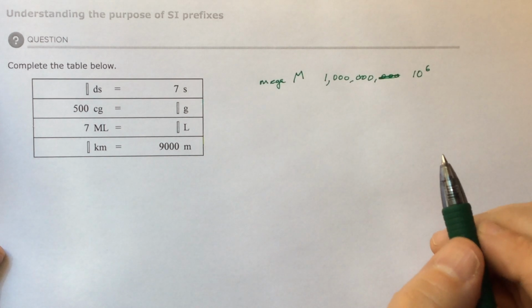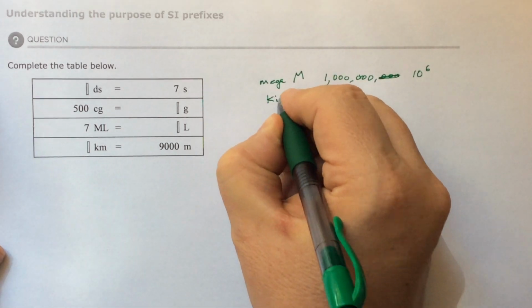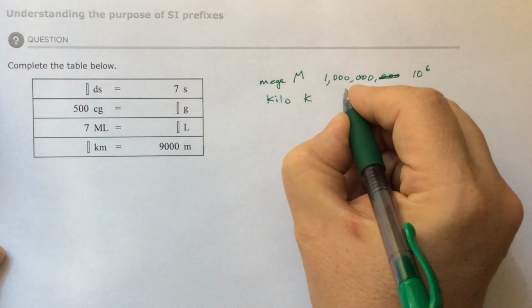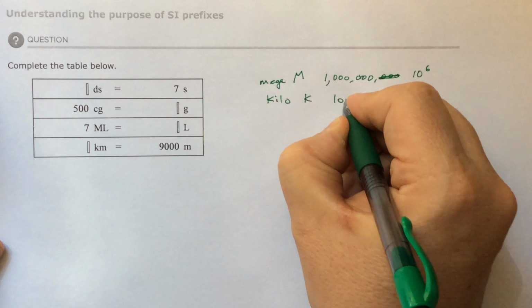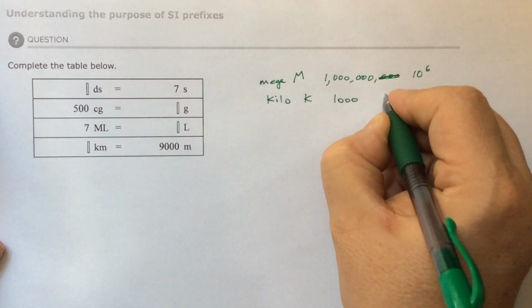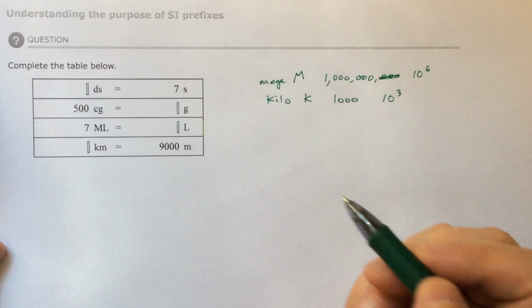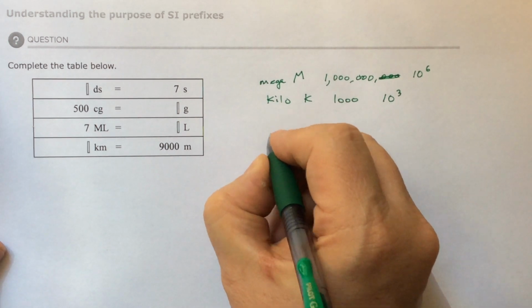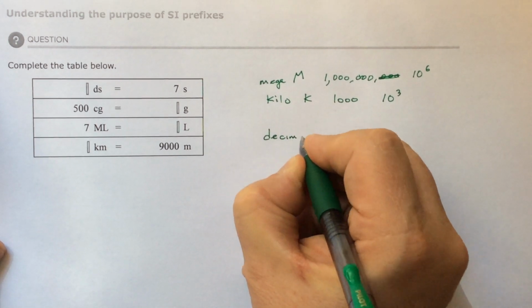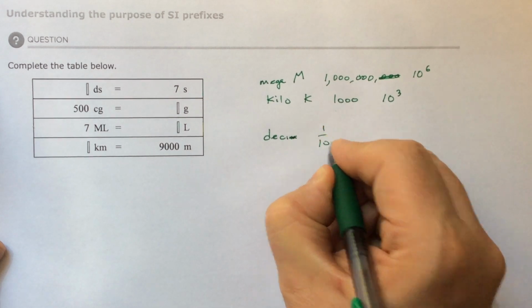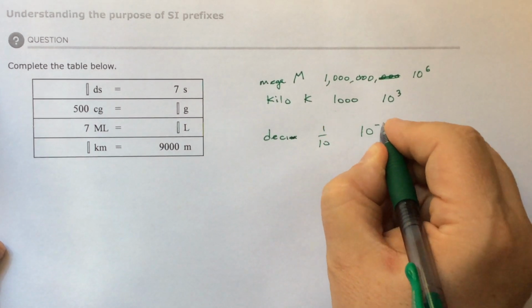So that's mega. Kilo, which is a small letter k, is smaller, only 1,000 times bigger. When you count the zeros, it's 10 to the 3. Both of these are bigger than the unit. If you want something smaller, like deci, as in decimal, that's 1/10 of something, so you're dividing by 10, which is 10 to the -1.